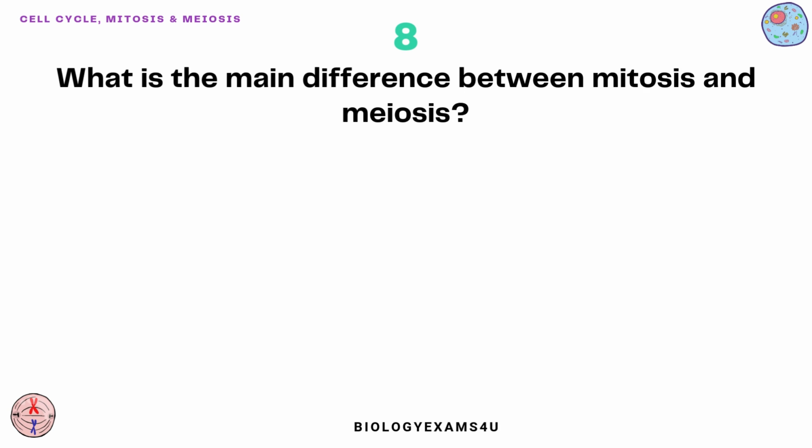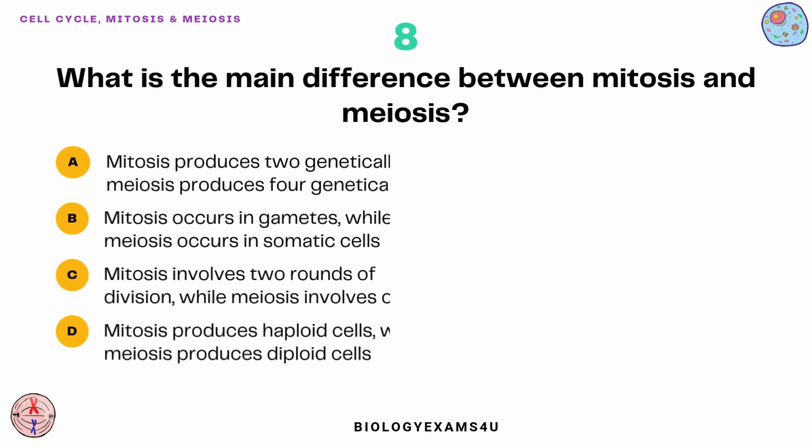Question number 8. What is the main difference between mitosis and meiosis? Option A. Mitosis produces 2 genetically identical cells, while meiosis produces 4 genetically distinct cells. B. Mitosis occurs in gametes while meiosis occurs in somatic cells. C. Mitosis involves 2 rounds of division while meiosis involves 1.